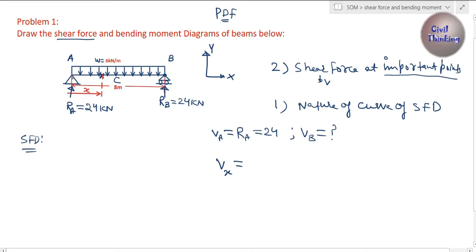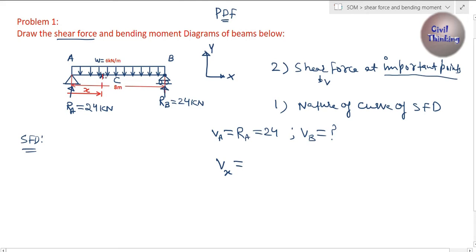Basically x is 0 at A, because x begins from here. And there is a UDL load from 0 up to this x distance. This part will also contribute to the shear force at this point.